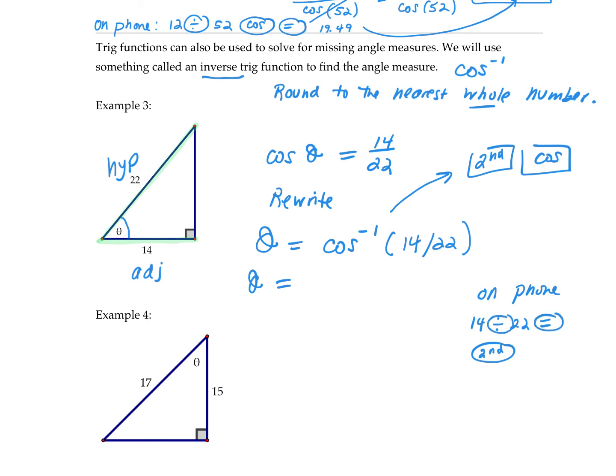So second, and then press that cosine -1 that pops up. You don't have to press equals after that in this one, it'll do it right away. And you'll see 50.47, which to the nearest whole degree would round to 50 degrees. We don't round up to 51 in this case.